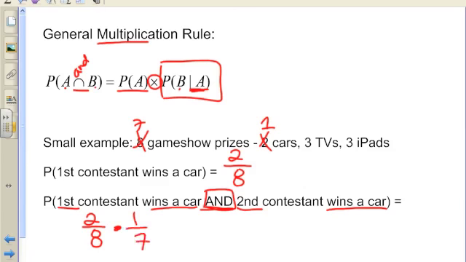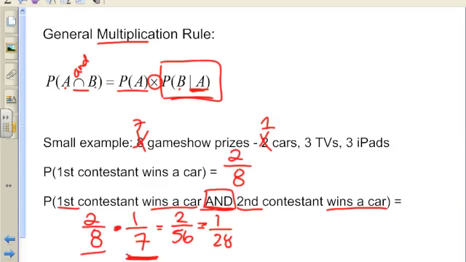There's 1 car left out of 7 prizes left. So that's 2 out of 56 or 1 out of 28. Okay, so this is all that I mean when I say this B given A. Just keeping in mind that event A kind of changed things. Person 1 winning a car changed the probabilities for person 2.